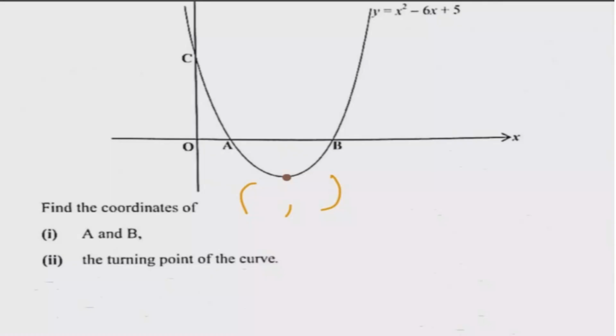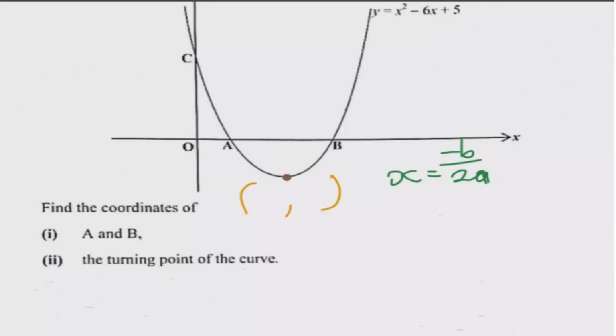To find the coordinate for x, or the value of the reading on the x-axis, we're going to use the formula x is equal to minus b over 2a. Now what is a, what is b?